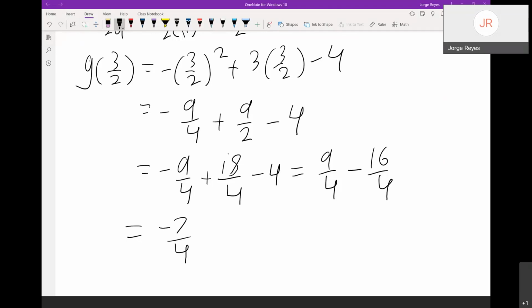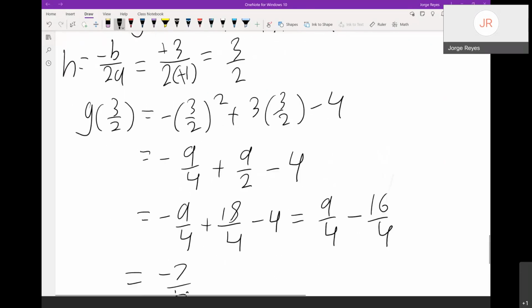It's always good to double check, you guys. All right, so yes, it's negative 7 over 4. I went crazy there for a minute. Excuse me. But yeah, find the max.